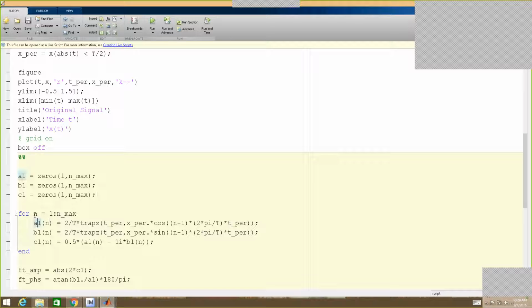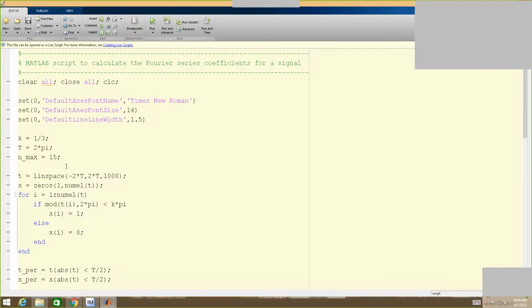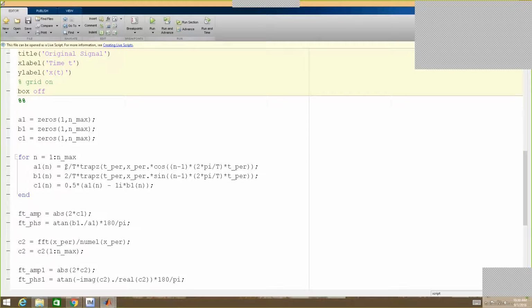So we run from n equal to 1 to n max. Nmax is the maximum number of Fourier coefficients I'm going to evaluate, which we have set here as 15. So we are getting the first 15 Fourier coefficients.